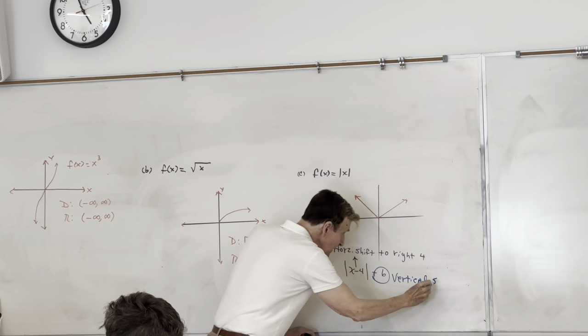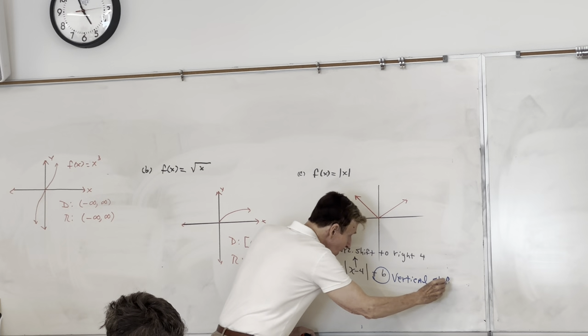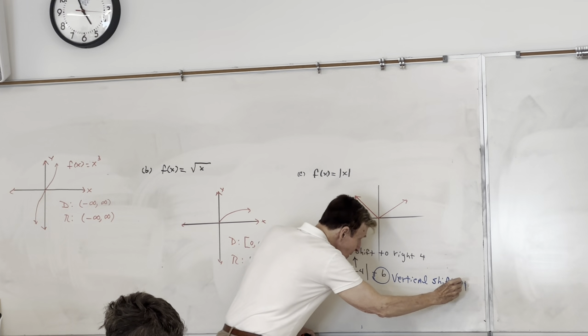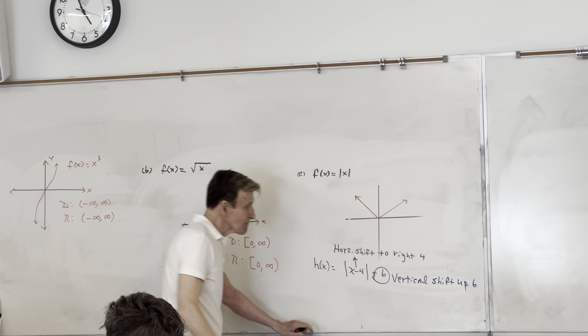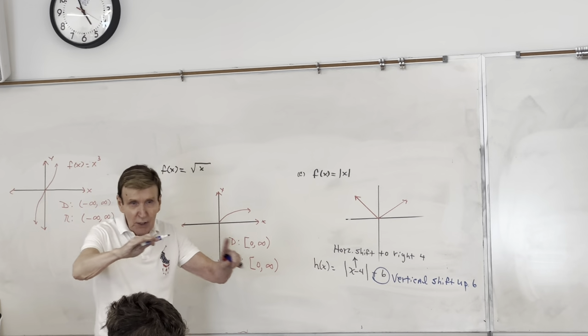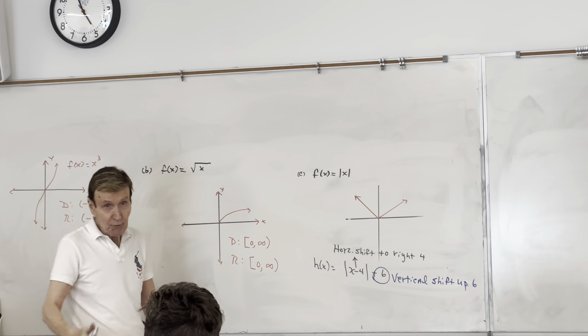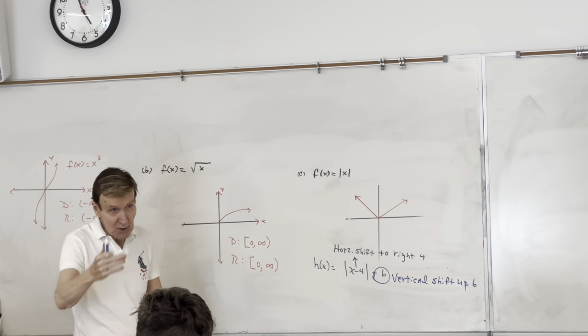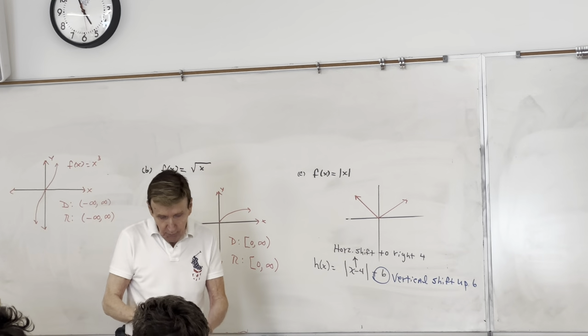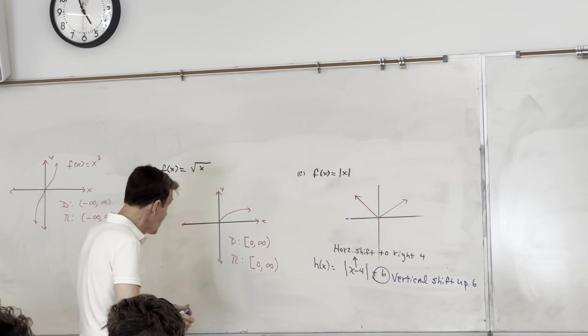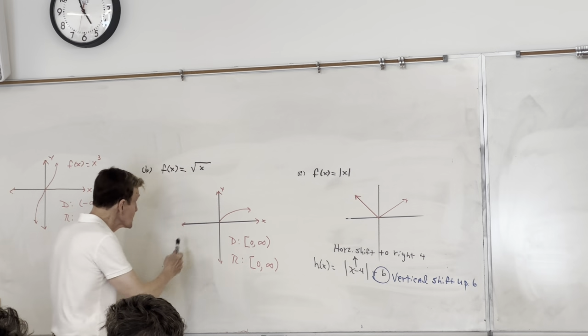A little detail here. So after I do those two transformations on that red parent graph, I have the graph that we're looking for. This one has a horizontal shift and a vertical shift. We're done.